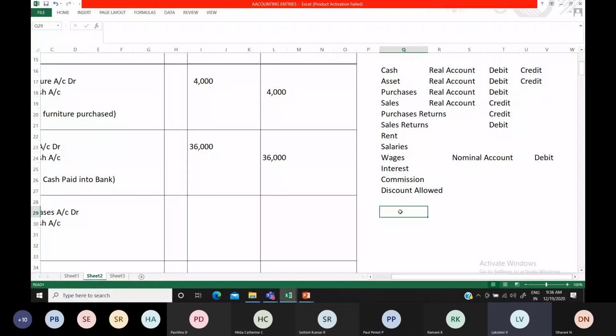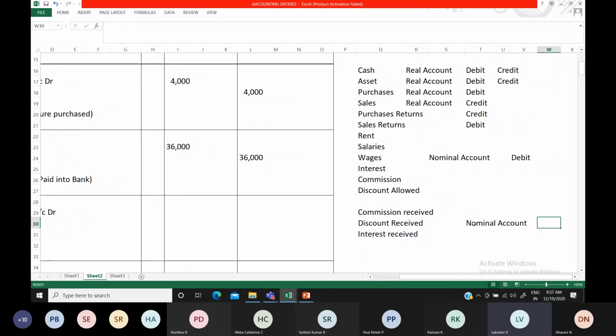Similarly, if you are going to receive a commission, commission received, discount received, interest received, in that case again it will come under the nominal account only, but you have to credit that.